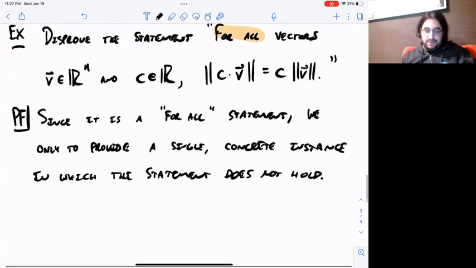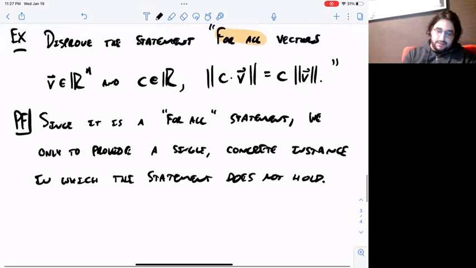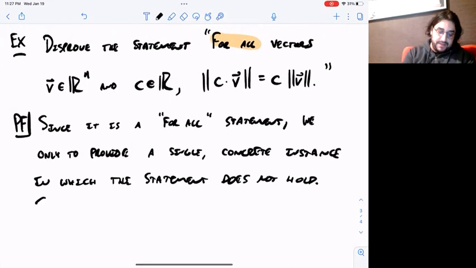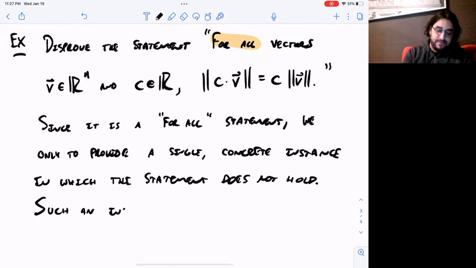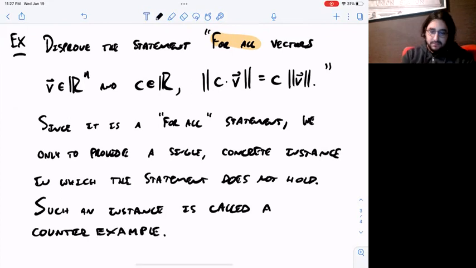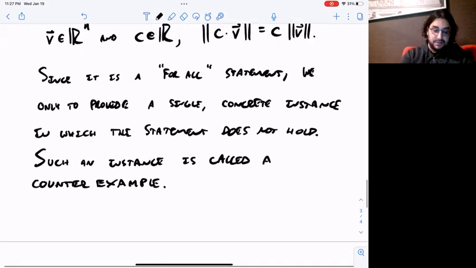So what I will do here is I will just come up with a very specific example, and such an instance, by the way, is called a counterexample. A counterexample is a really important term in mathematics.